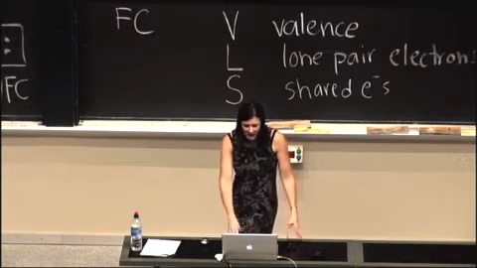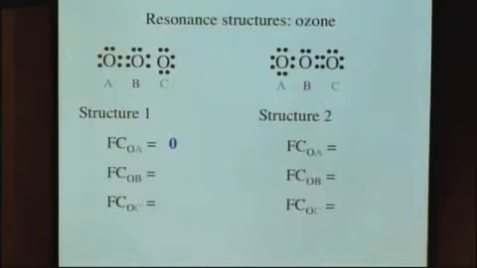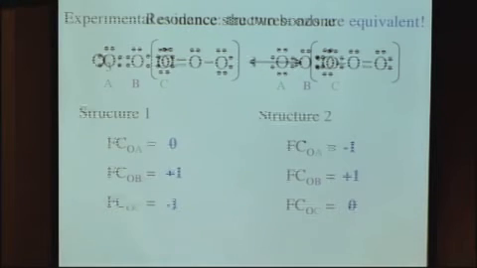And again, if we figure out the formal charges, let's go through this quickly. We get 0, +1, and -1 for structure 1. We get -1, +1, and 0 for structure 2. So as I said, they're going to be identical in terms of making the decision that way.